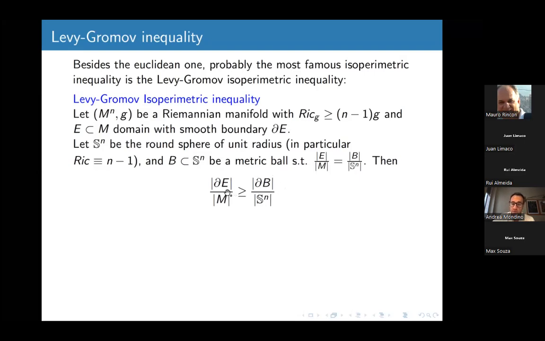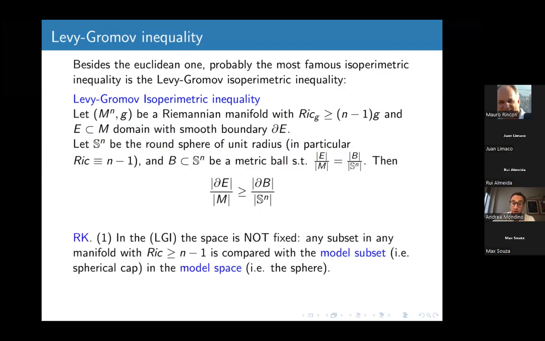So this is bounded from below by the perimeter of the ball divided by the total volume of the sphere. This is the famous Lévy-Gromov isoperimetric inequality, which is basically saying that if you have a manifold with Ricci bounded below by n-1, then isoperimetry is at least as strong as in the model space, which is the sphere.